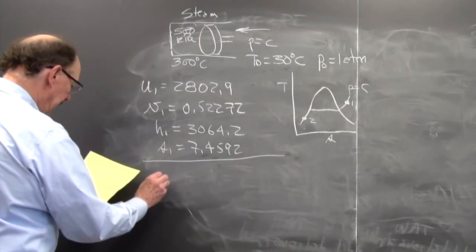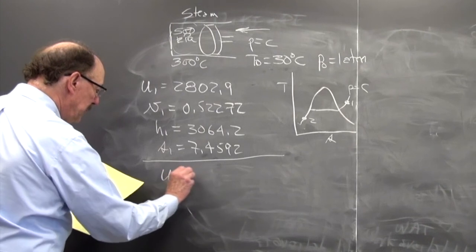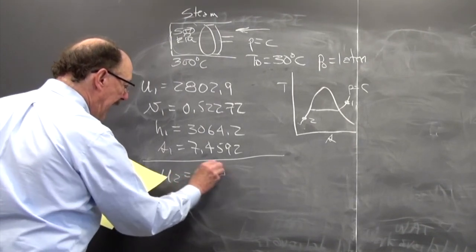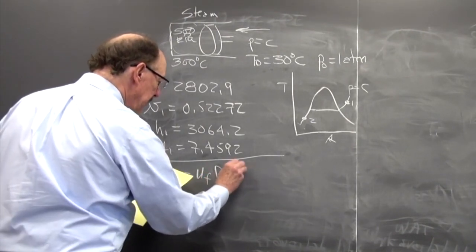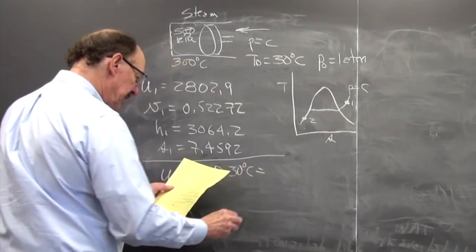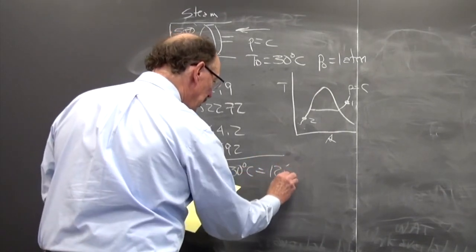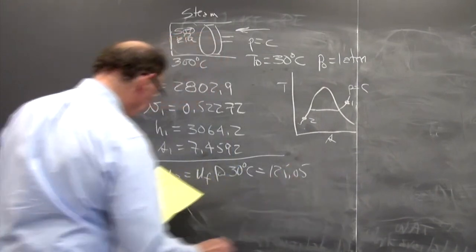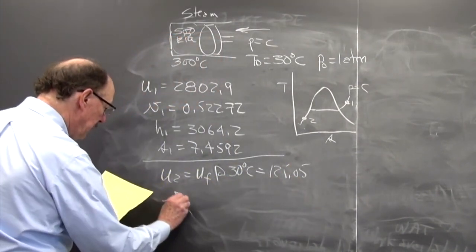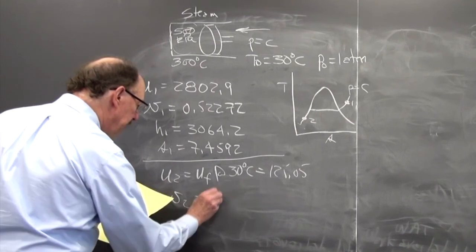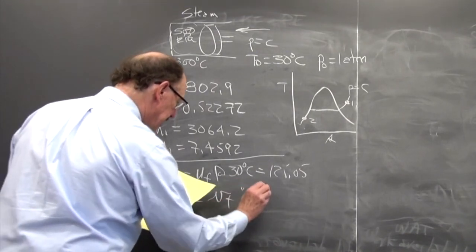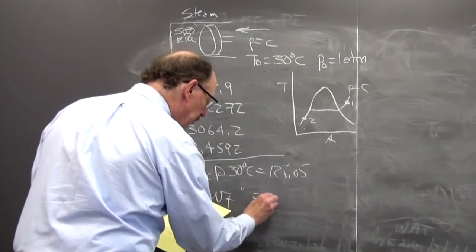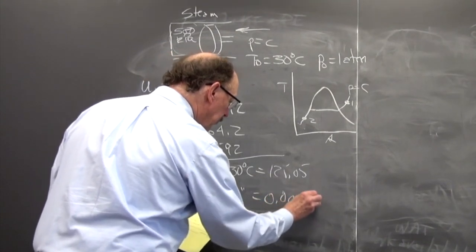So I know that U2 is equal to U sub F at 30 degrees C. So that's equal to 125.05. V2 is equal to V sub F at 30, so that's equal to 0.001004.